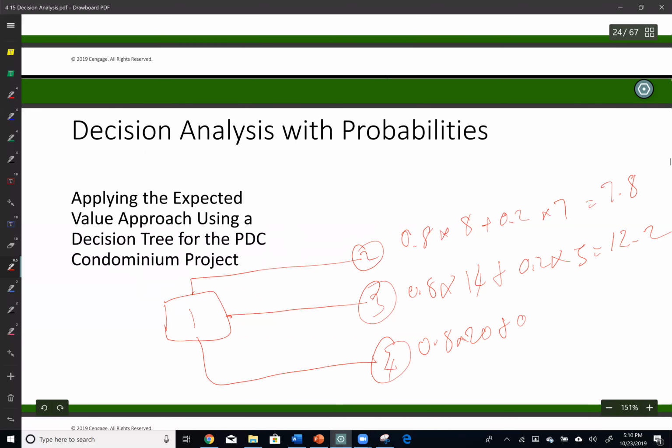With 20% chance, I would get negative $9 million. So the answer here is going to be 16 minus 1.8, which is $14.2 million. So as you see, the best alternative is choosing the large condo project because it gives you the highest amount of expected profit.